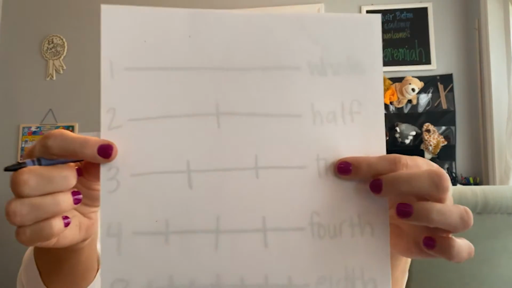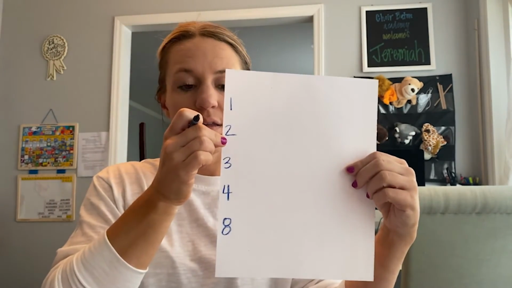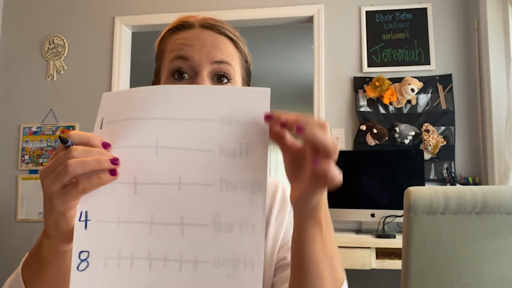If you want to be super particular, you can put your papers underneath each other so you can see through it. And you're going to go 1, 2, 3, 4, 8. Just like this, okay?